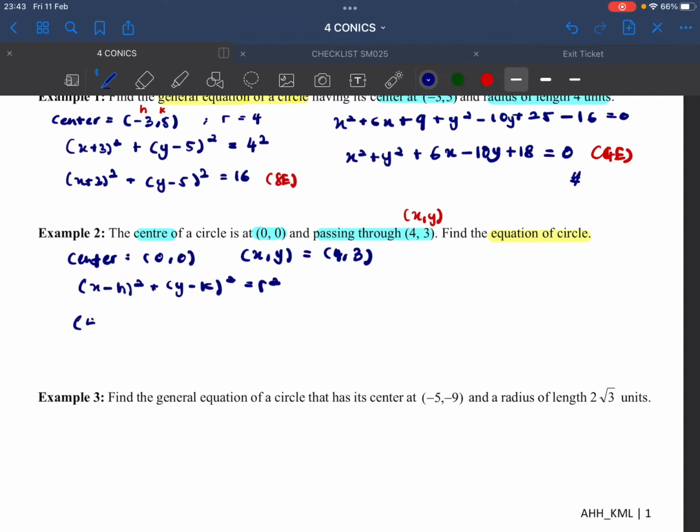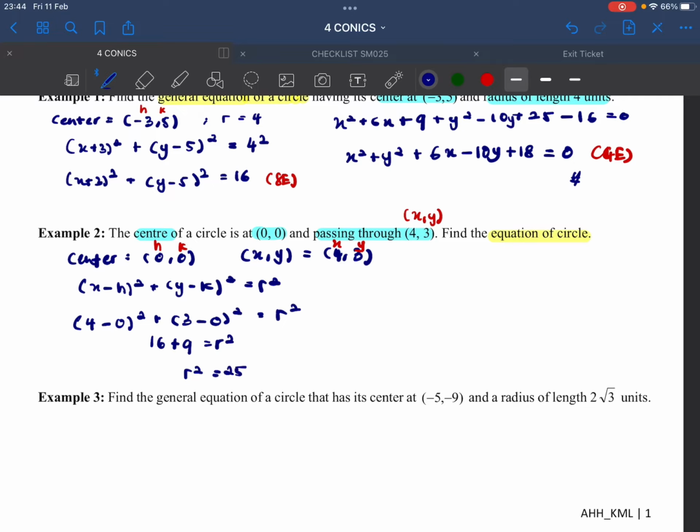So we substitute 4 minus 0 squared, because our h is 0, plus 3 minus 0 squared is equal to r squared, which we don't have here. So we want to find our r. Here we have 16 plus 9 is equal to r squared. Then our r squared is equal to 25.